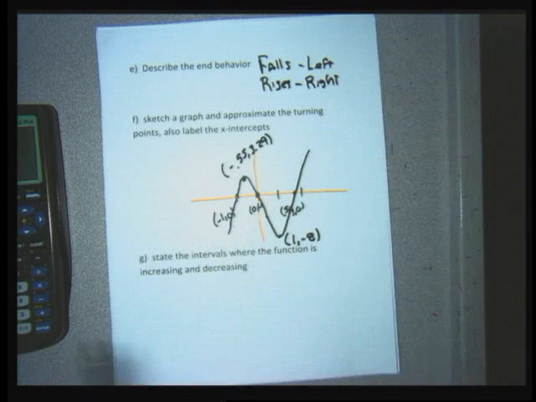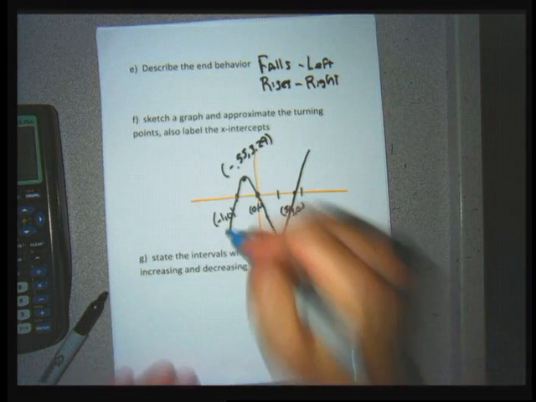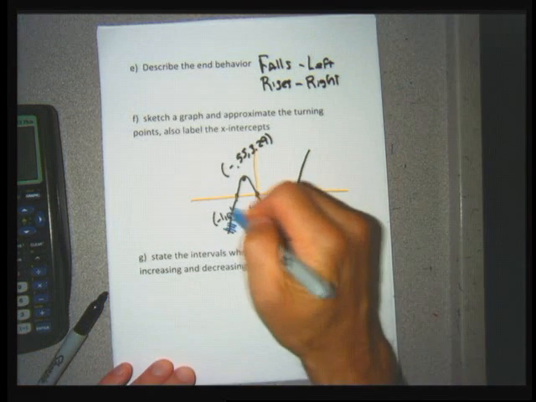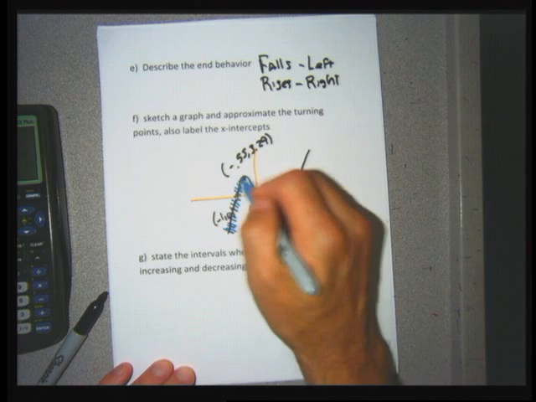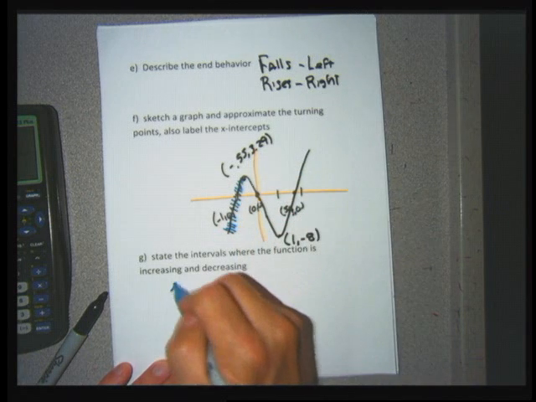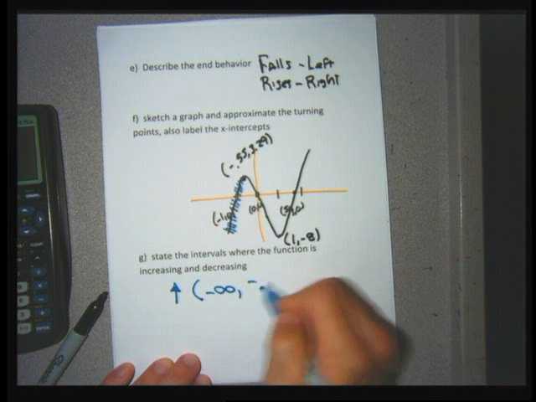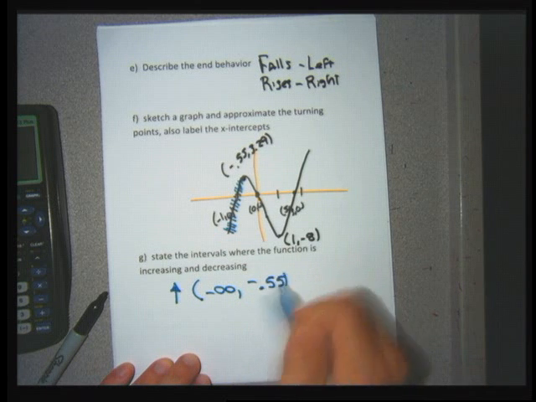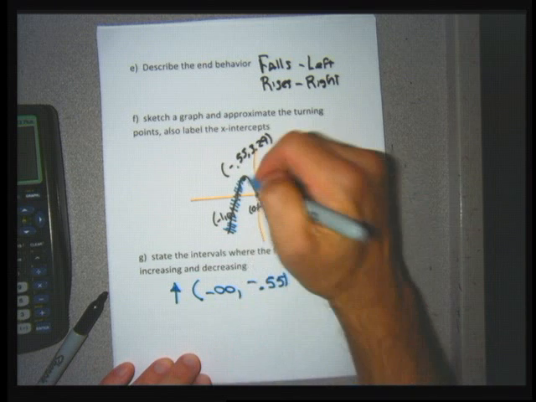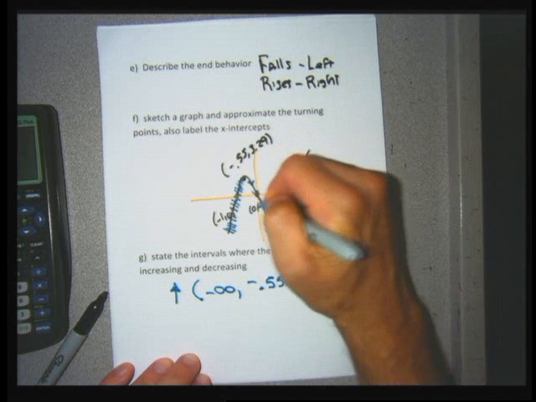Now for the increasing and decreasing, this first region right here, from the far left edge of the graph to the first turning point, the graph is increasing. And in that region, I'm going to say is the region from -infinity to -0.55. And then after I get to the turning point, or the maximum, the graph goes down.